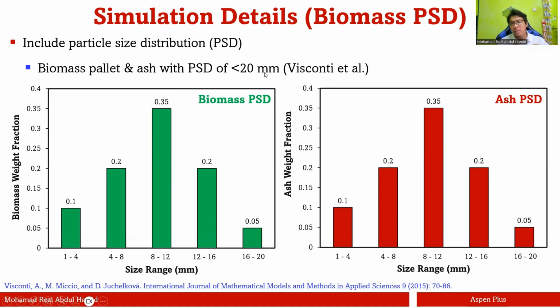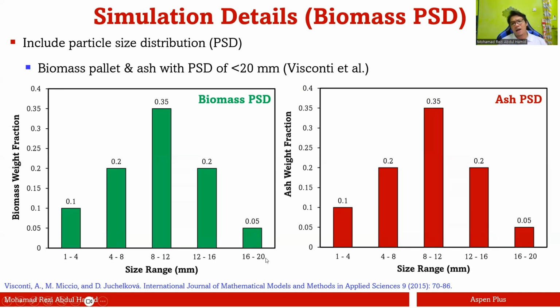Now, they don't have the particle size distribution, but I'm just going to assume these are their particle size distribution, where you have 0.1 weight fraction of your biomass sample having a dimension between 1 to 4, 4 to 8, 0.2, 8 to 12 millimeters, having a composition 35% of your biomass having a size of 8 to 12 millimeters, and then 20% of your biomass having a dimension of 12 to 16, and then 5% of your biomass having a size range between 16 to 20.